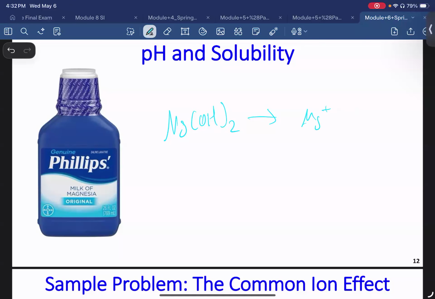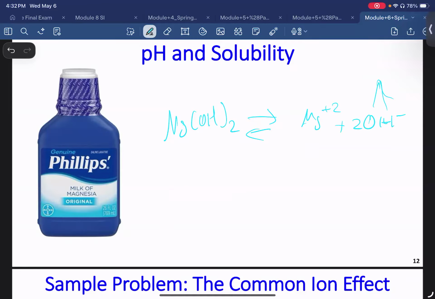These are the ions of Mg hydroxide. Let's say I add sodium hydroxide. That's a common ion, and that's going to shift the reaction to the left because you're adding this. If this was at equilibrium and I added sodium hydroxide, there's going to be more precipitation of magnesium hydroxide.